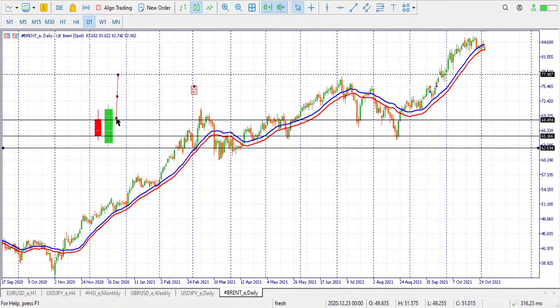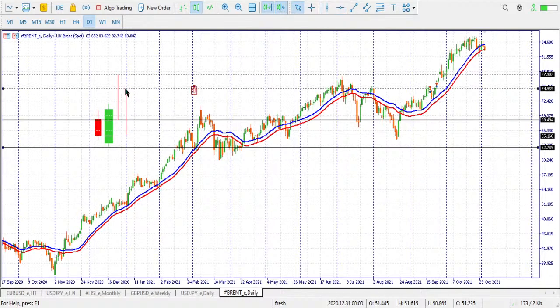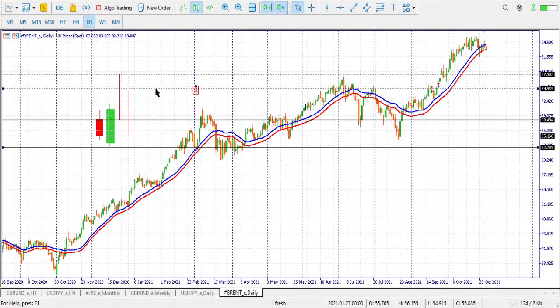Just a second. So we have that. And then the next one should be the same size. So this should be the take profit for the next trade, the second trade now. So you can see what is happening here.